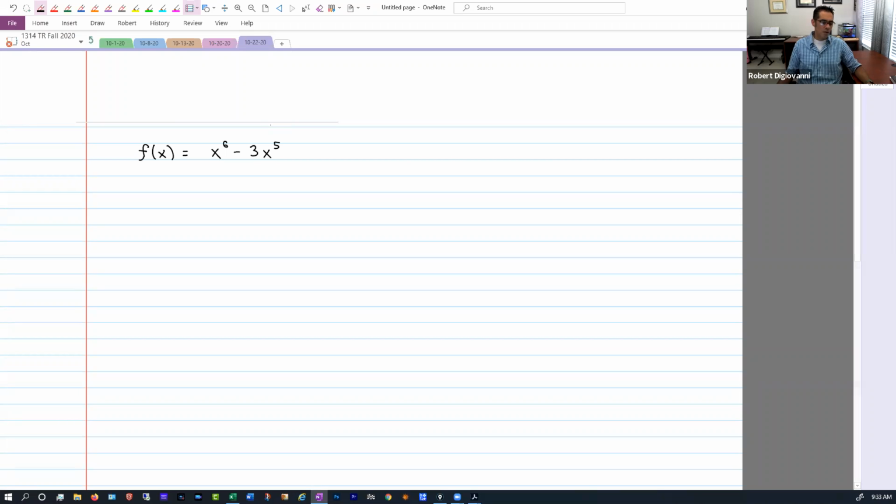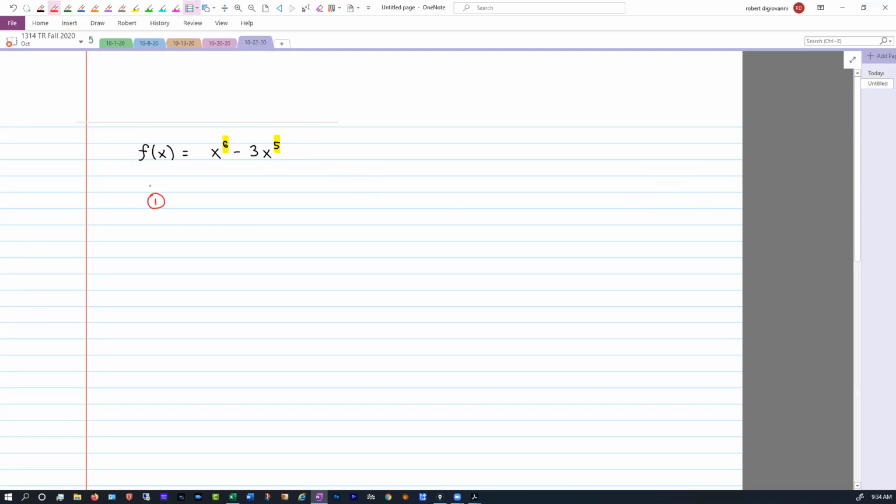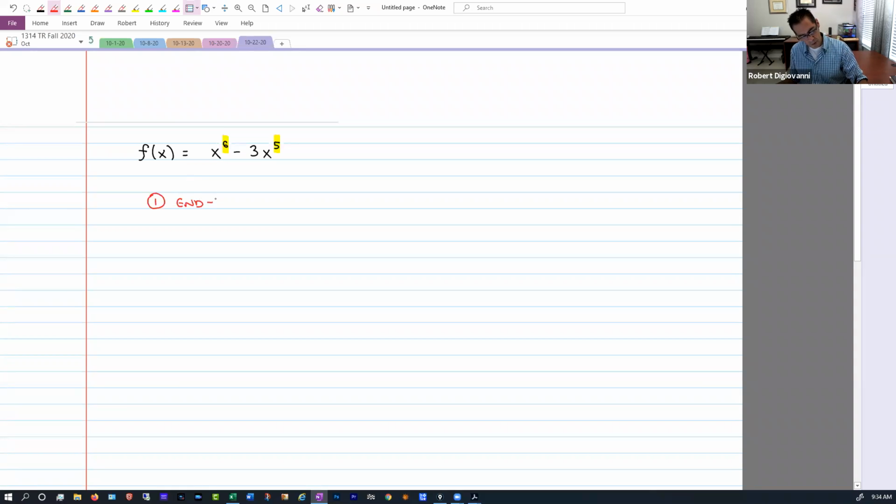So this is a polynomial function because we have powers on the x's that are non-negative integers. We talked about that last time. So the first step in this process, can somebody tell me what the first step is? Determine the end behavior. End behavior. Okay, so to determine the end behavior, we're going to look at the degree.